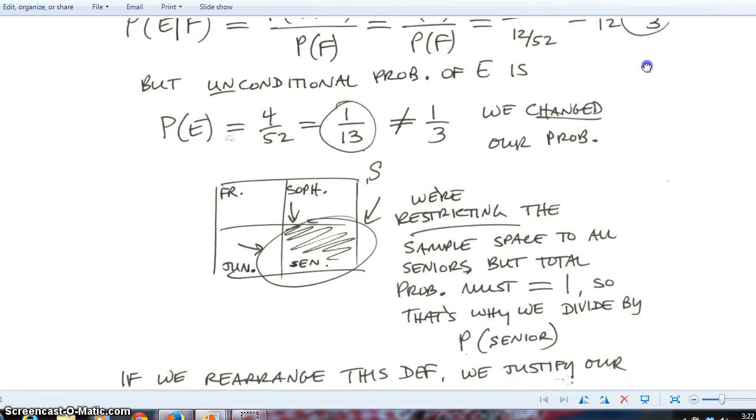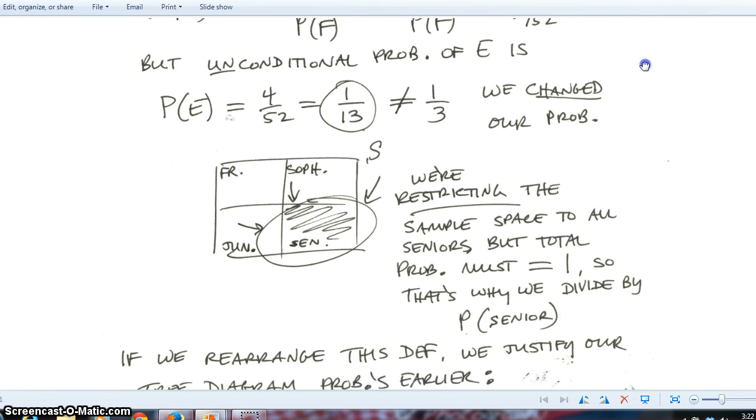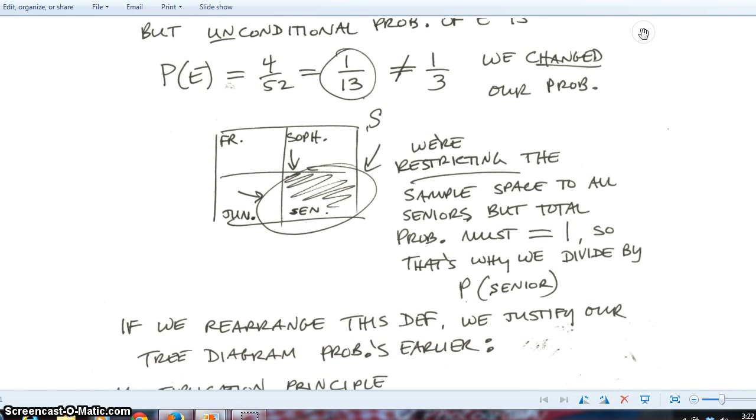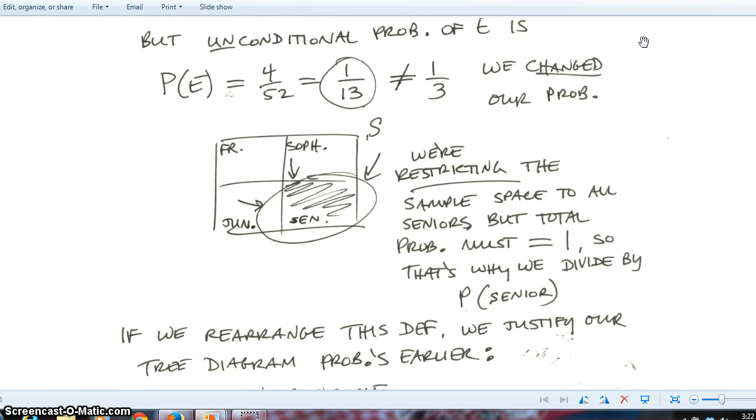So what are we doing here? Well, one way to think of it is we're restricting the sample space to all the seniors, but the total probability still has to equal 1. So that's why we divide by probability of a senior. You have to do what's called normalizing the total probability. One of the axioms of probability was that the sum of all the probabilities of the outcomes had to be 1.